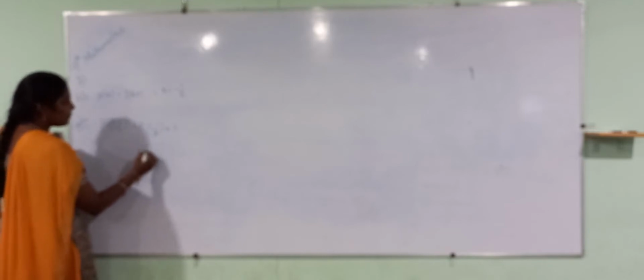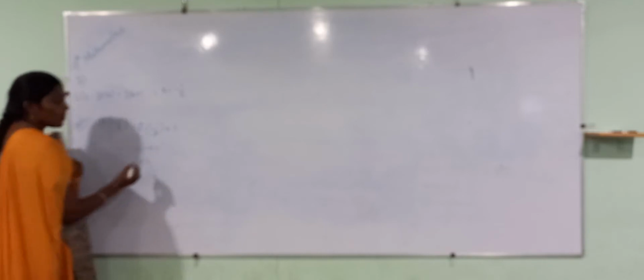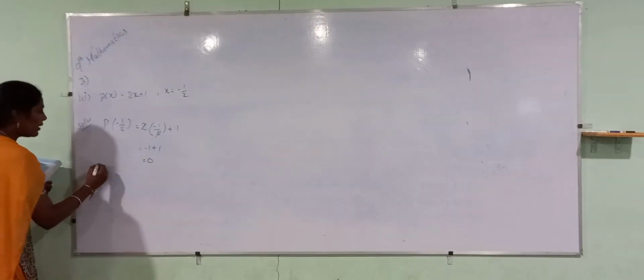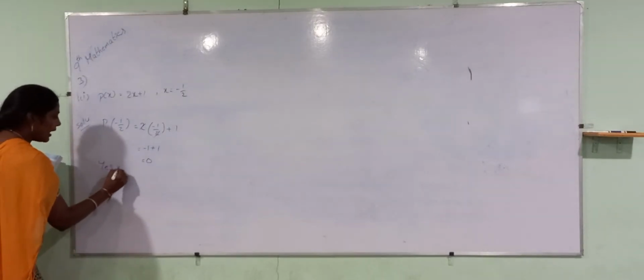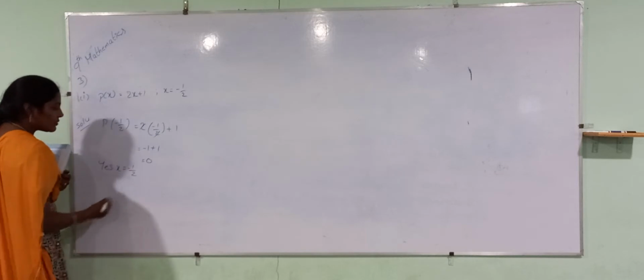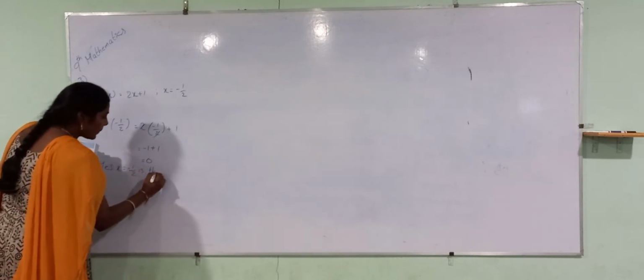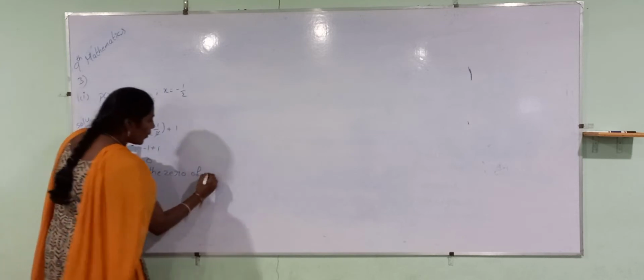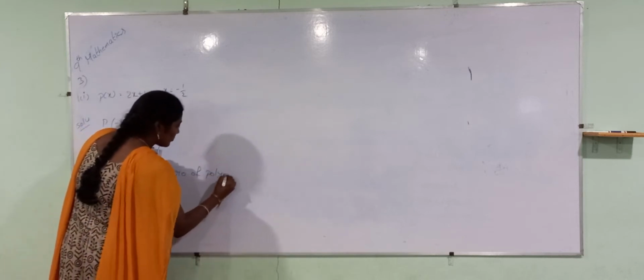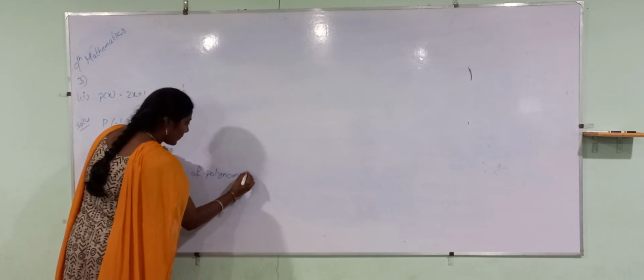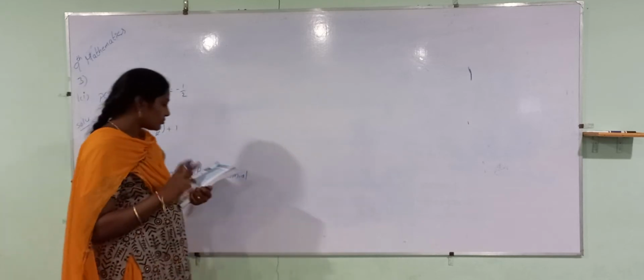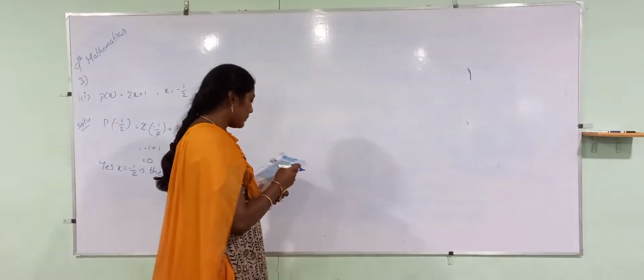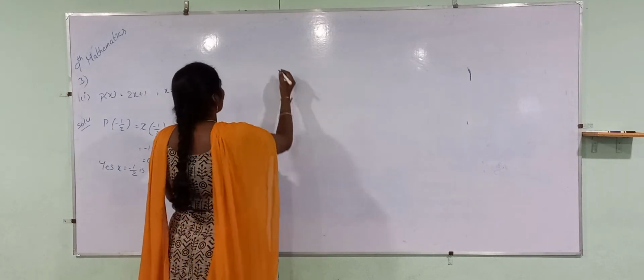Minus 1 into 1, minus 1 plus 1. So, answer 0. So, we call it yes. X equals minus 1 by 2 is the 0 of the polynomial. Understand? In the same way, let me explain the second one also.